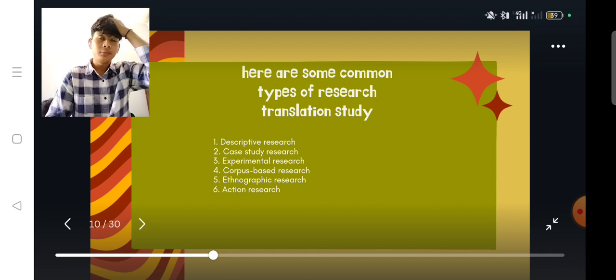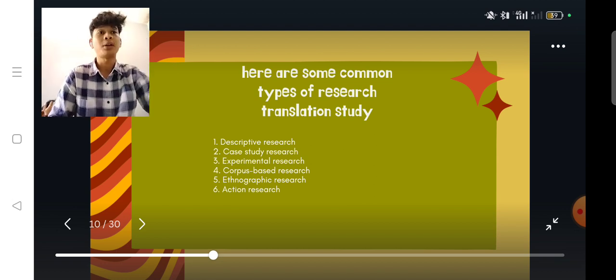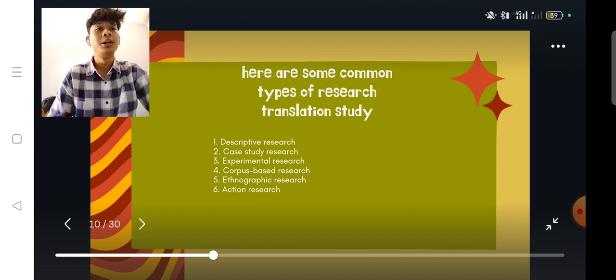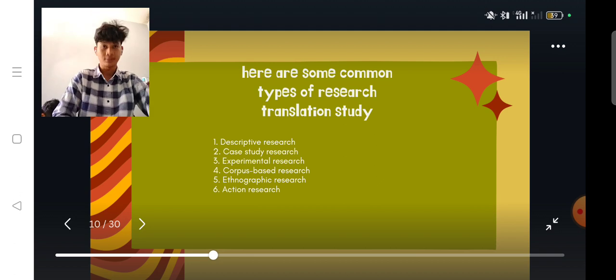In the field of translation studies, various types of research approaches and methodologies are employed to investigate different aspects of translation and interpreting process, practice, and outcomes.